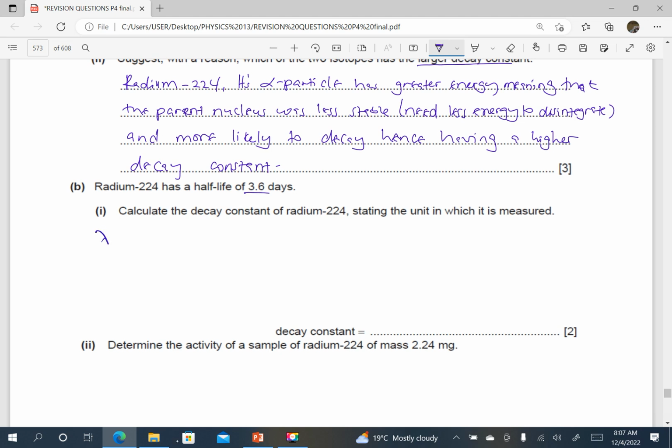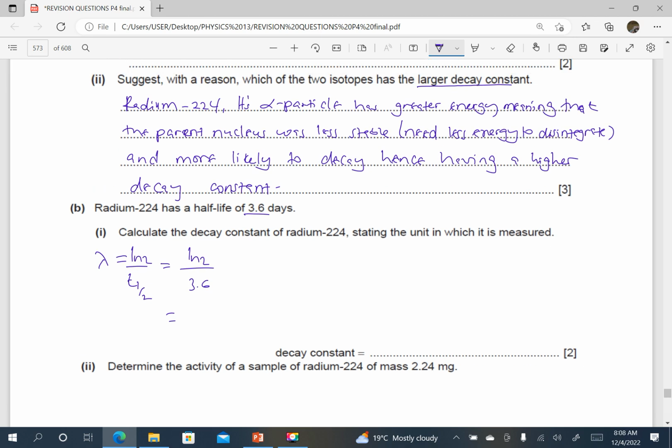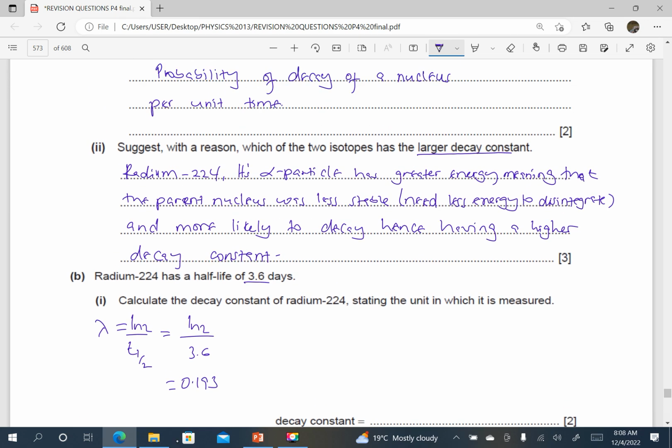So we now know that decay constant, lambda, is equal to ln 2 over T1/2, which is ln 2 over the half-life, which is 3.6, so this is 0.193.